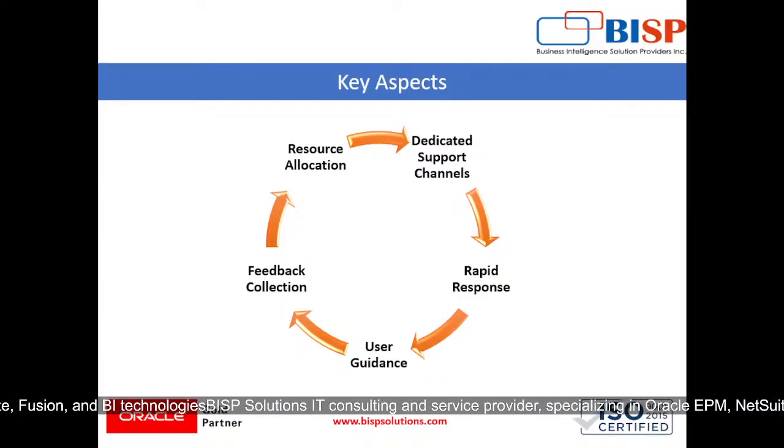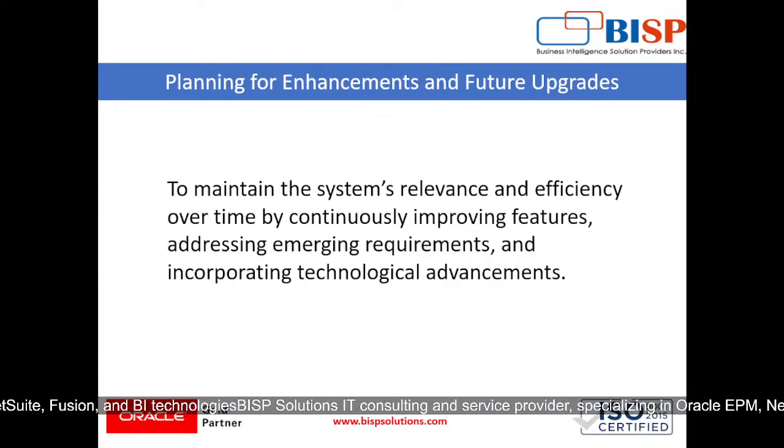Then comes our feedback collection, where we will regularly gather user feedback to identify areas where additional support or clarification is needed. Lastly, resource allocation, where we will be ensuring that both technical and business support teams are adequately staffed to handle support requests during peak times immediately after go-live.